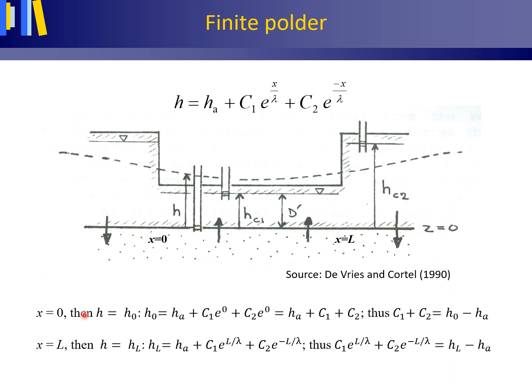When x is L, then h is HL, and HL equals HA plus C1 e to the power L divided by lambda plus C2 e to the power minus L divided by lambda. So all of this then equals HL minus HA. We have now two equations with two unknowns, C1 and C2, and we can solve that mathematically.